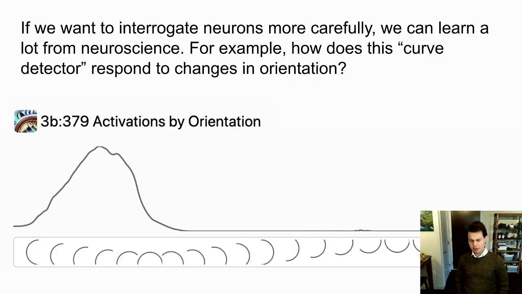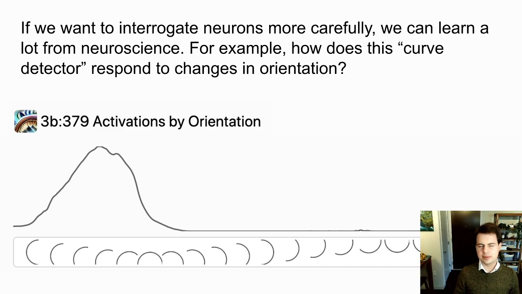Now, if we want to go deeper, there's actually a lot we can do to interrogate neurons more deeply and really understand what they're doing. And there's a lot we can learn from the neuroscience literature here. So here, there's 3B379, which is a curve detector, or it appears to be a curve detector. It detects curves, either lines that are curved, or sometimes transitions in color.